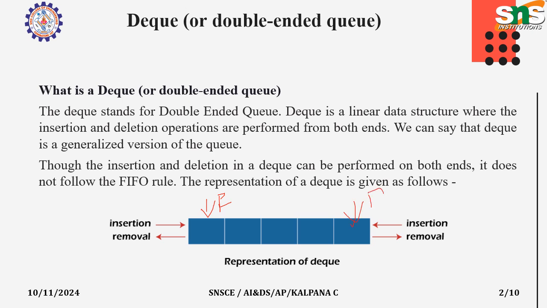So usually we perform insertion only at rear in our queue data structure, and deletion is only possible with the front pointer, right? But here insertion and deletion both are possible at front as well as at rear end. So this is the difference between our queue and Deque, that is double-ended queue data structure.